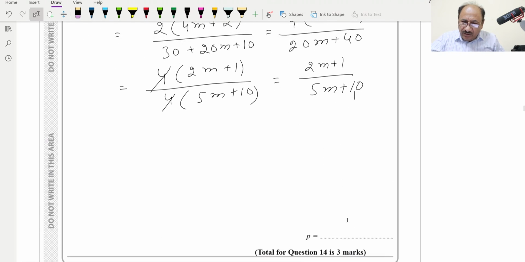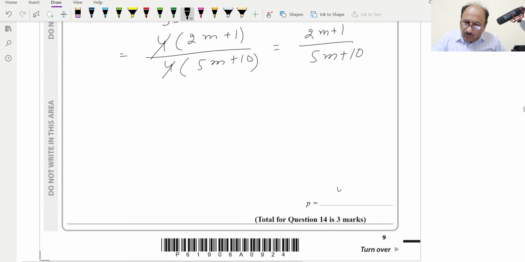This will be our final answer, which we can provide over here, 2m plus 1 over 5m plus 10.